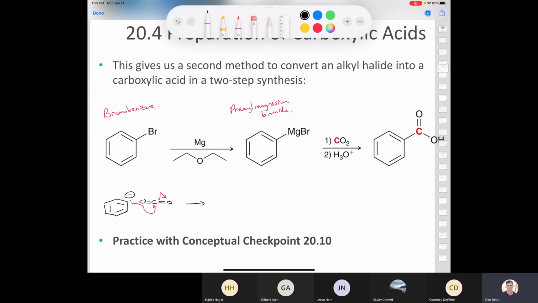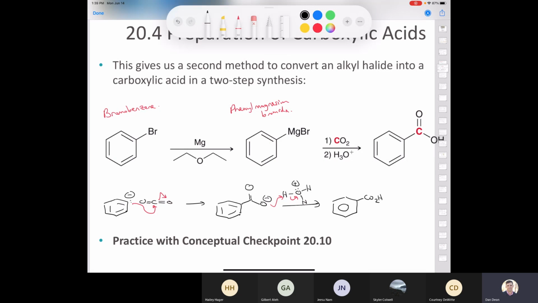I end up making a carboxylate, like this. And then in the next step, you have your H3O plus, and your carboxylate group is going to pick up a proton from that, and you're going to end up with your carboxylic acid. And that's it, my friends.